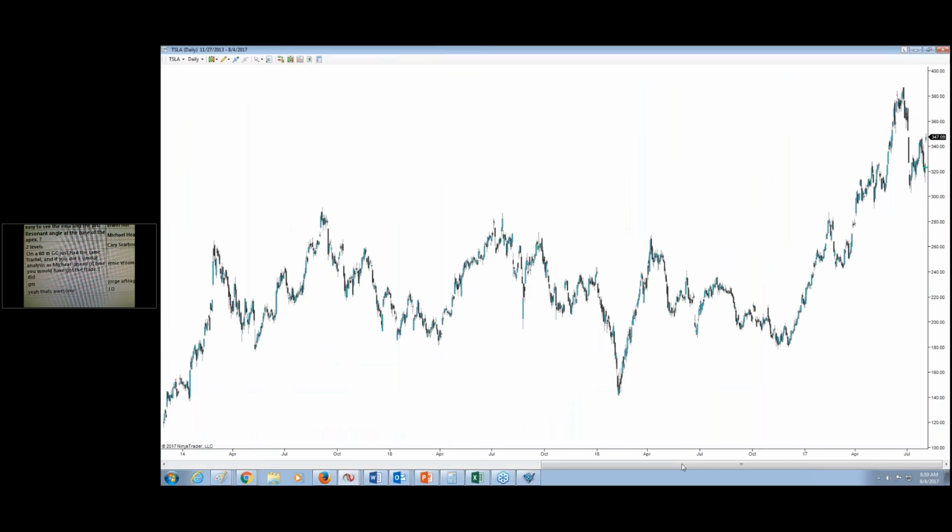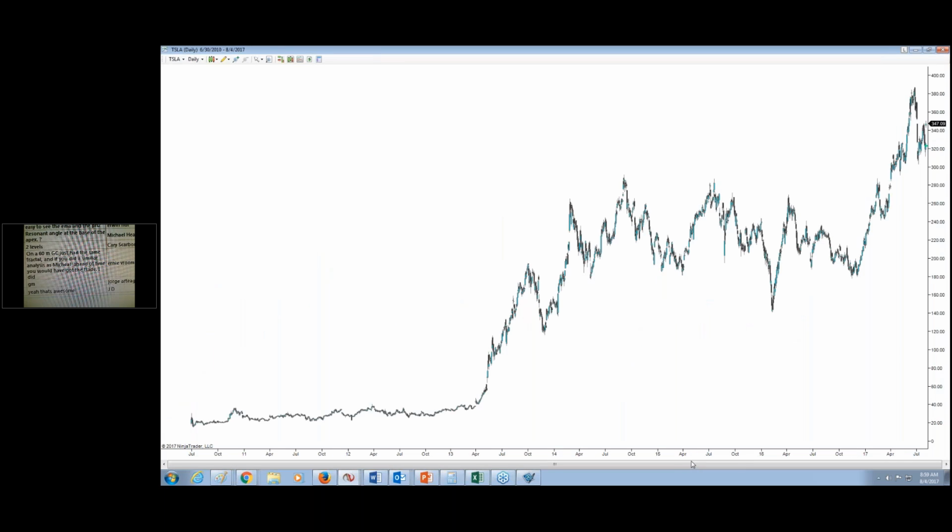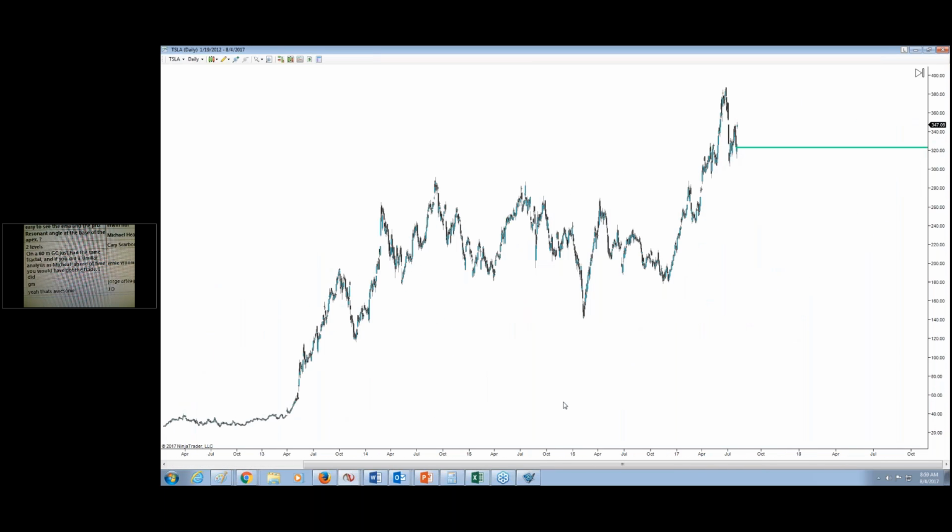Do you guys see any angles in there that are repeating? There's a couple.